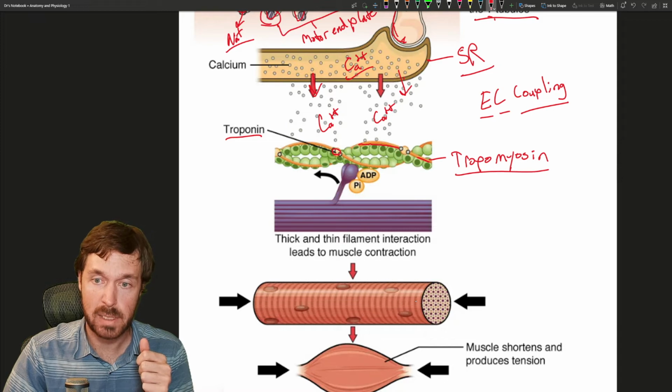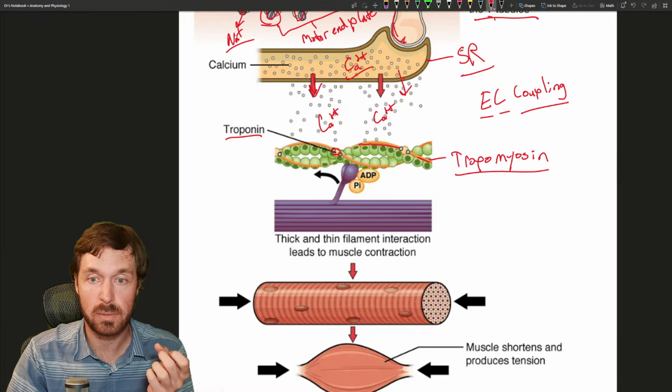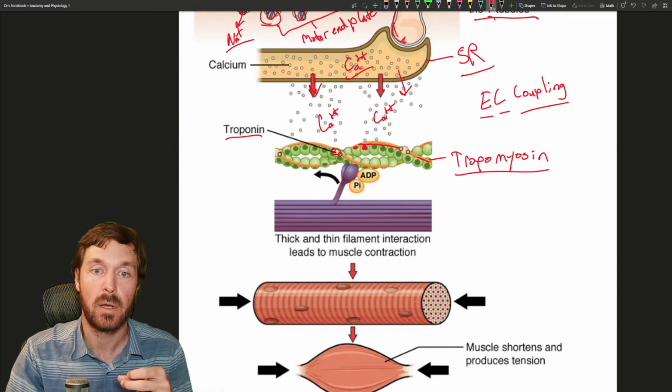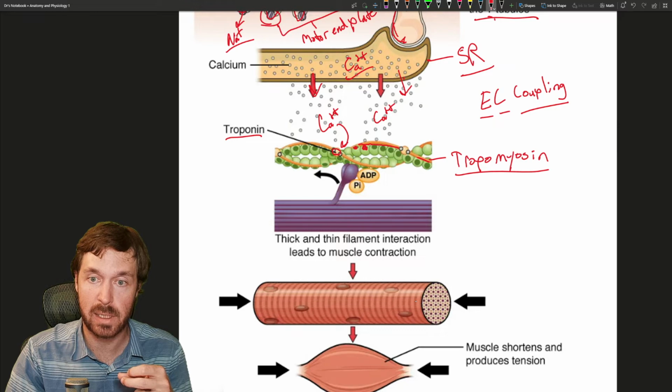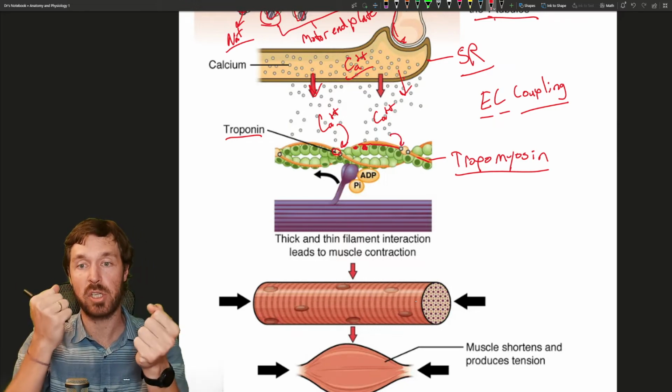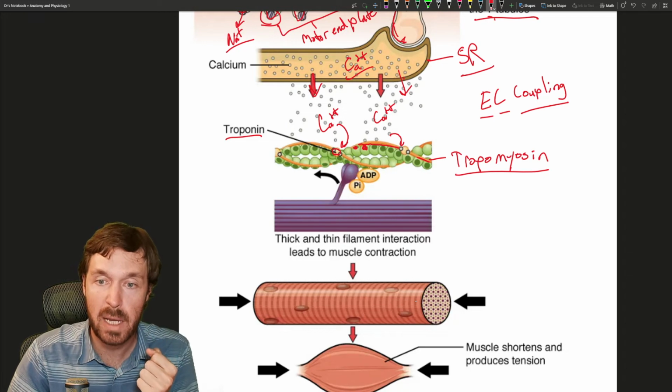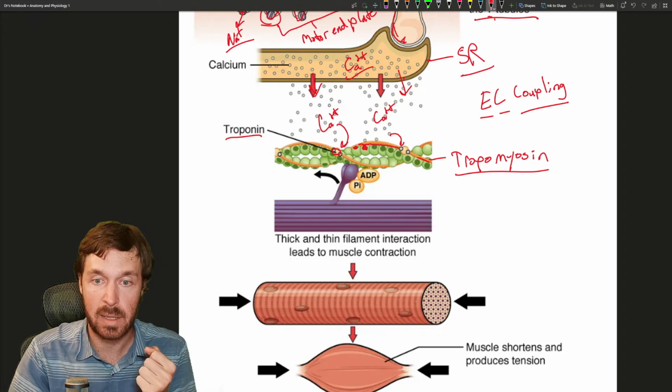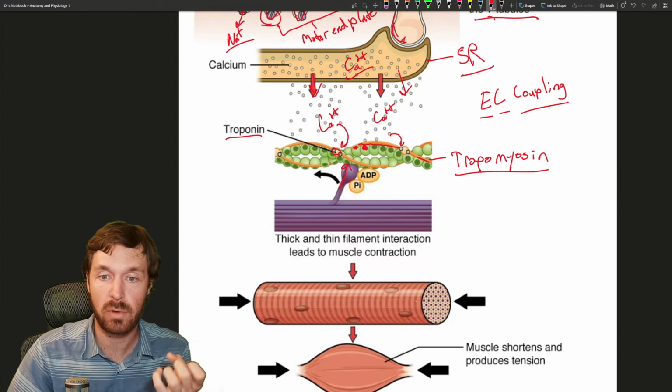So tropomyosin is usually blocking those myosin head binding sites. But what happens is calcium binds to troponin. You see the two little white dots signifying calcium comes in and binds to that. And what that does is it causes a shape change and moves tropomyosin away from these binding sites, and then allows the myosin heads to bind and then go through the power stroke.